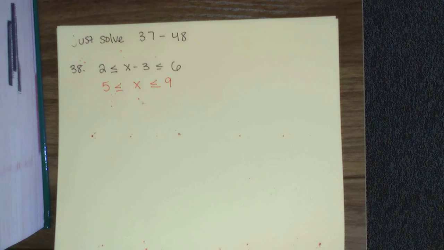Okay, if we were graphing this, we're not, but if we were graphing this one, what would be happening on the graph? Okay, brackets that both point toward the middle? Yes.